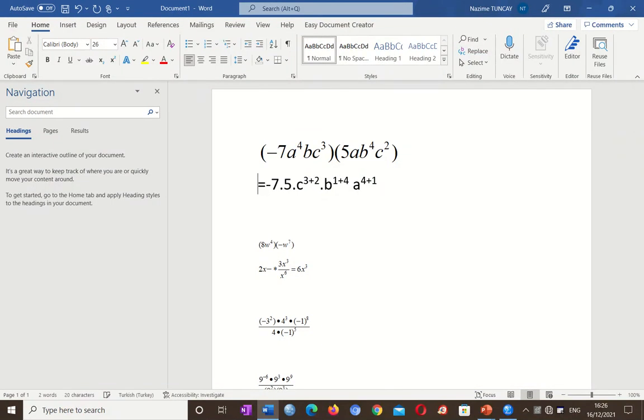This is -35, multiplied by c to the power 5, multiplied by b to the power 5, and I have a to the power 5.